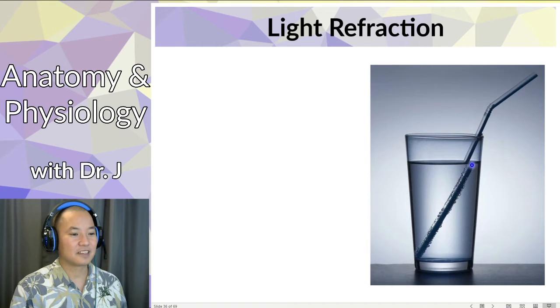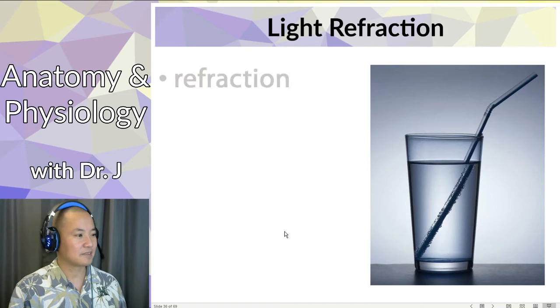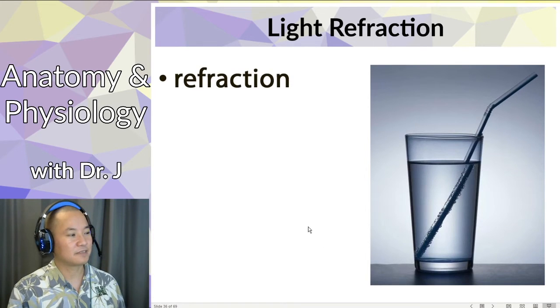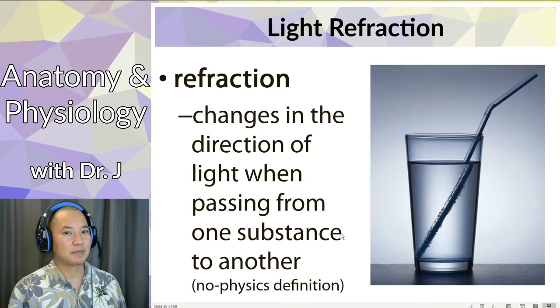This is why it looks like it's not one continuous object: it's due to light being bent differently by air and by the glass or the water in the glass that we see this different appearance. So refraction refers to just this general ability of light being bent when passing from one substance to another.